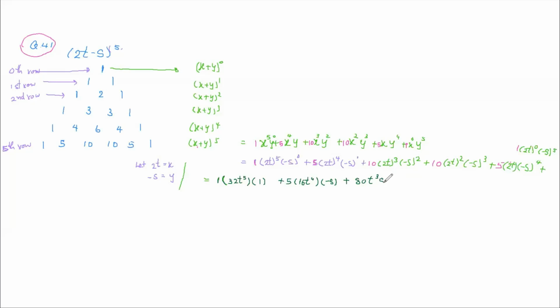So it becomes s power 2. Next, this one: 2 power 2 becomes 4, 4 times 10 becomes 40, and t power 2. Okay, so negative s power 3 is an odd number, so it should be negative.